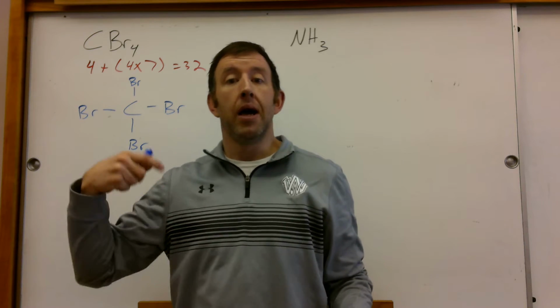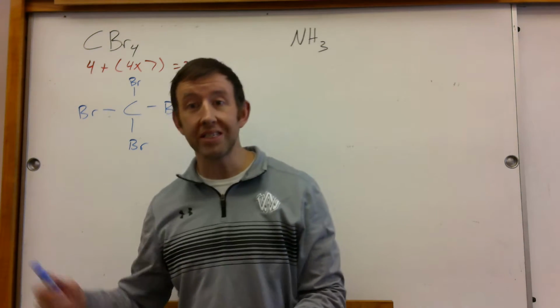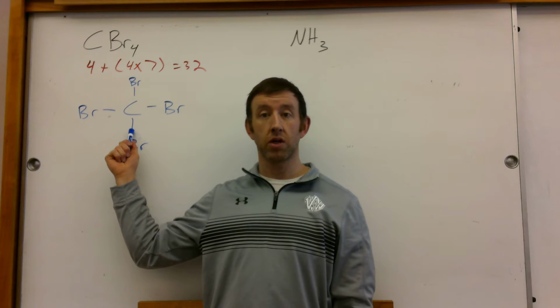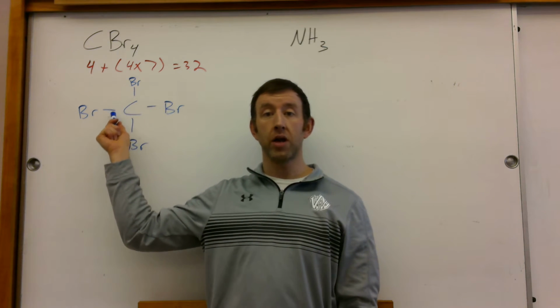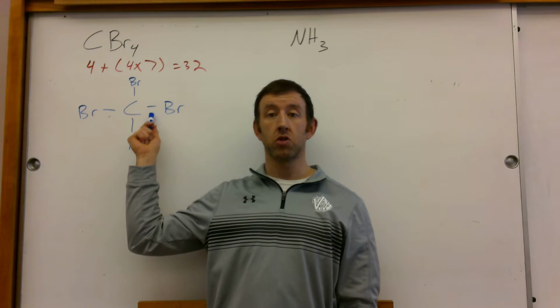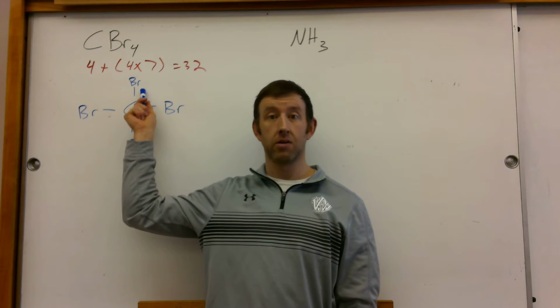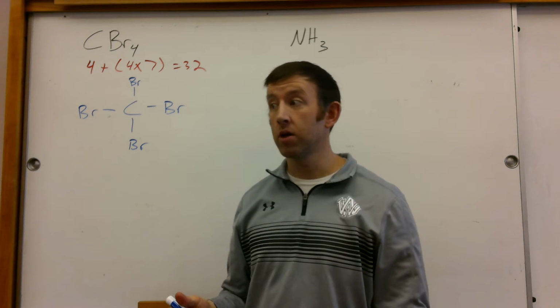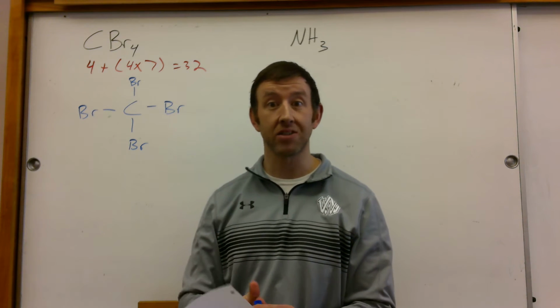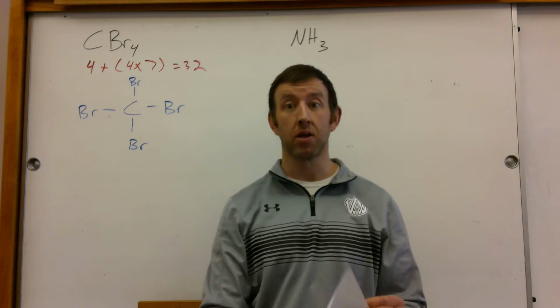We're going to follow our octet rule. Each line counts as 2 valence electrons total. Of these 32, I've already shown 8 by just drawing my skeleton: 2, 4, 6, and 8. The next step is I'm going to go around my bromines and add dots until I run out of space.